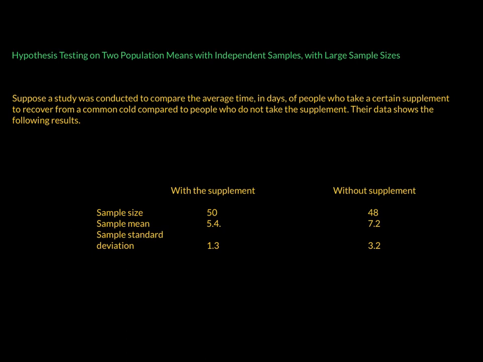So the first part of your solution is analyzing what you have, because later on you will have two population means but maybe dependent samples or small sample sizes. So you have to check what type of two populations that you have. Okay, so again, clearly this problem will fall under independent samples and with large sample sizes.